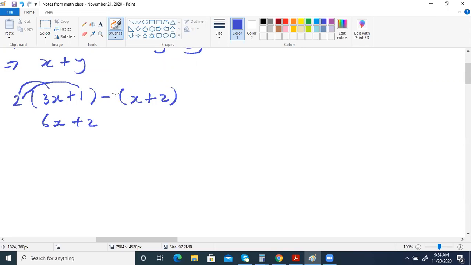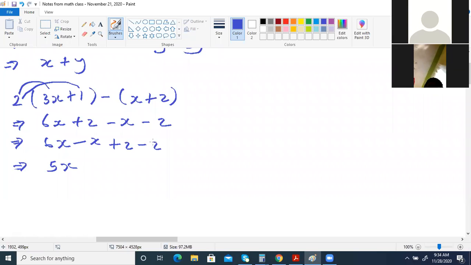So you can think of minus 1 being here and the minus 1 just distributes across. Right? So I have minus x minus 2. So now when you group them, you get something looking like this. And so 5x minus 5x. So that would be 5x. I got that too. Great. Yay!